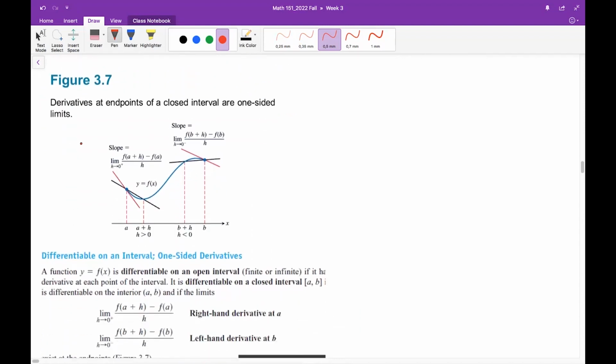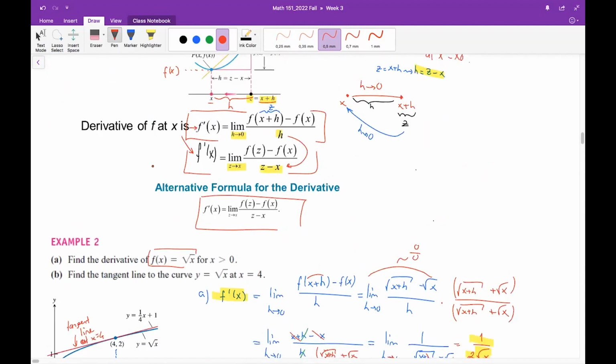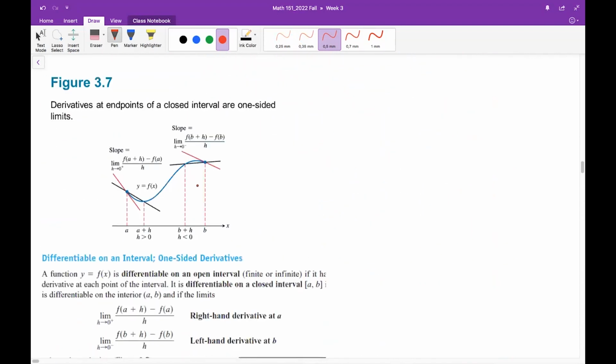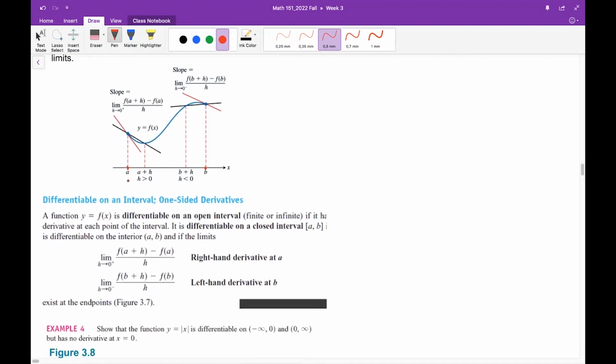Okay, so look at this part now. In this figure, we will analyze right-hand derivative and left-hand derivative. Okay, this is the same picture that we covered here for defining the first derivative function. And now, what we are going to do is to look at these endpoints of our domain. You see A and B are the domain of our function. B is here.